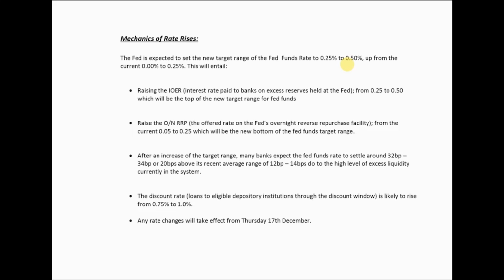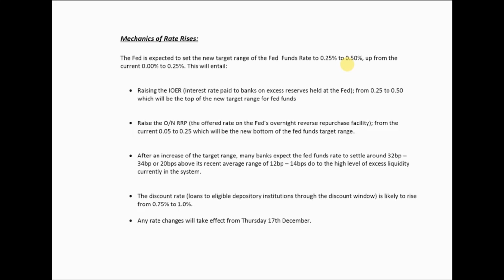Know what these rates are. Know what the Fed funds rate is. Know what the interest on excess reserves is. Know what the discount rate is. Because, for example, if you hear the discount rate's been hiked to 1% and you think rate hike 1%, actually you're interpreting it all wrong, because the Fed funds rate is not hiked to 1%.